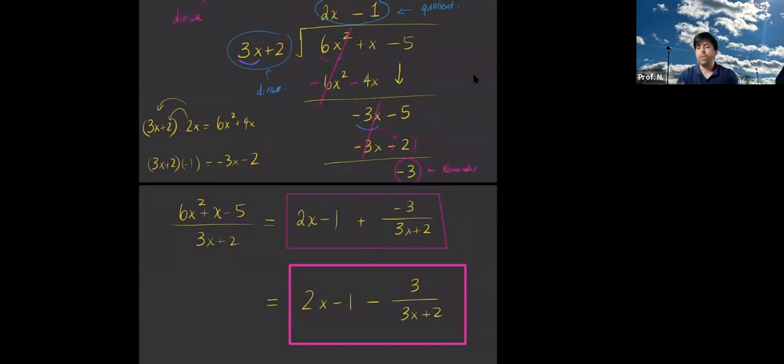So that's how you know what you're doing is working, if things cancel out. If they don't cancel out, something's happening. Either you didn't distribute the -1 correctly, or you did not find the correct number that multiplies to the divisor to get rid of it. Alrighty.